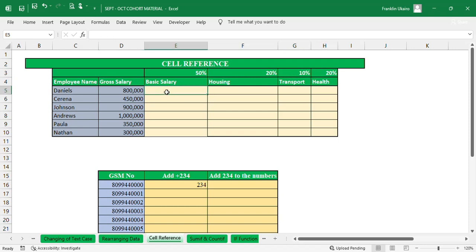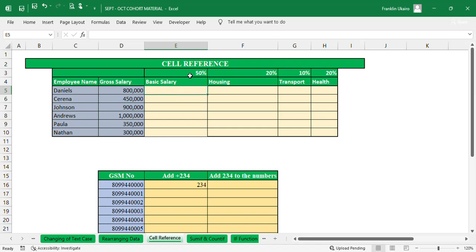Now, if you have the gross salary of each of these staff members and you have the percentage distribution of the salary among basic, housing, transport, and health, you will be able to find what percentage of this gross salary is given to basic salary.